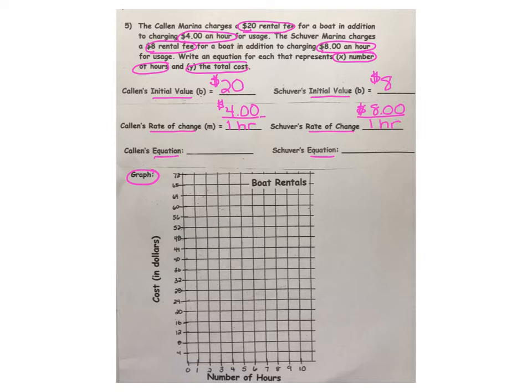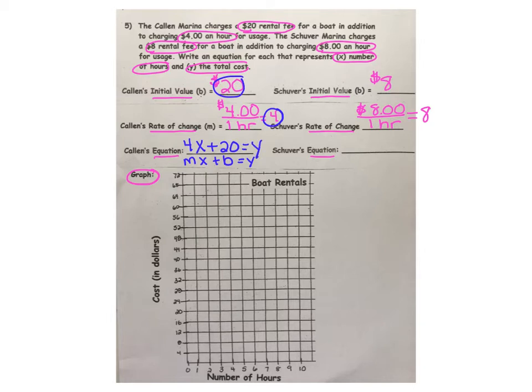We know if we take 4 divided by 1, we get 4. And if we take 8 divided by 1, we get 8. Now let's write an equation for each marina. For the Cala Marina, we know we have to follow the basic format mx plus b equals y. Well, our slope is $4 times every hour x plus a $20 rental fee equals y.